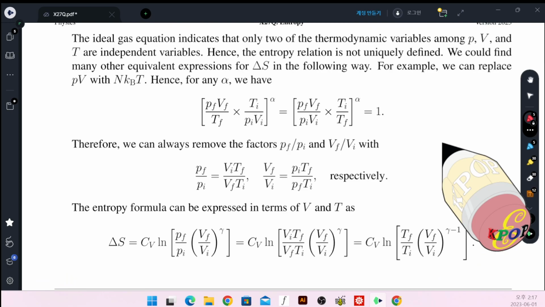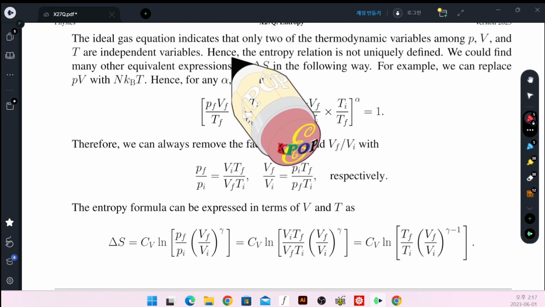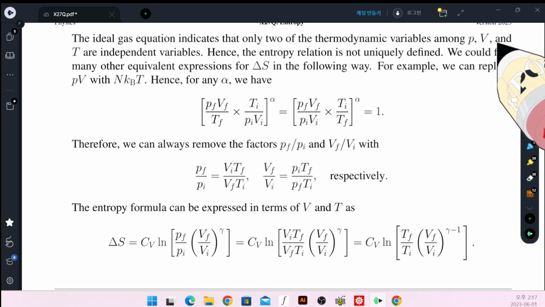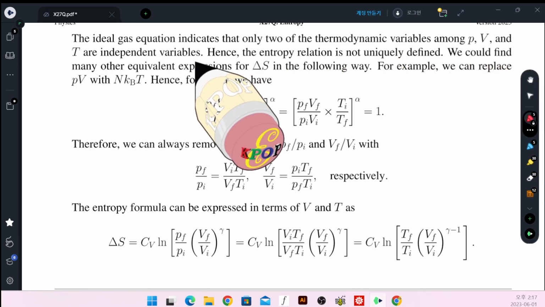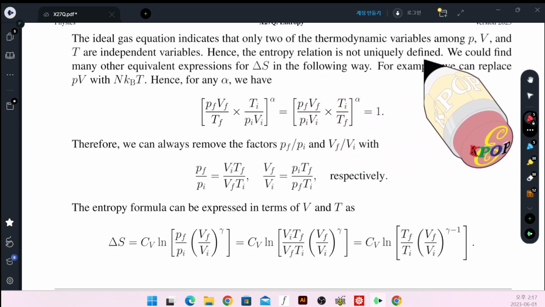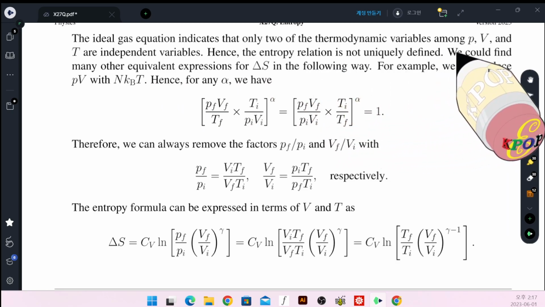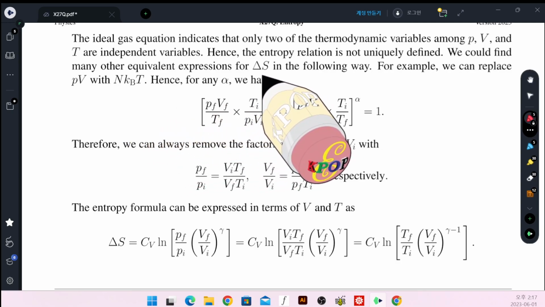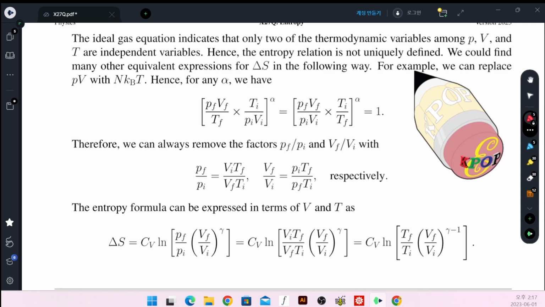So, the ideal gas equation indicates that only two of the thermodynamic variables among P, V, and T are independent variables. Hence, the entropy relation is not uniquely defined. We could find many other equivalent expressions for delta S in the following way.